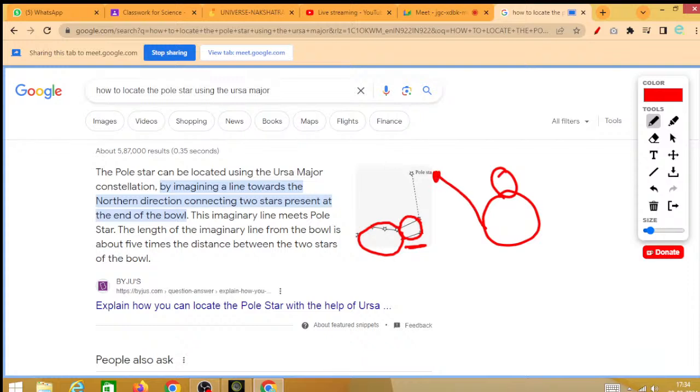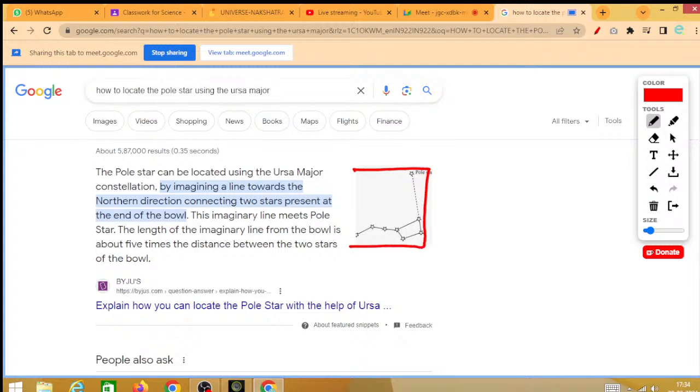No ma'am, this is only the Saptarishi. It doesn't look like a bear. It looks like a kite, you are absolutely right.